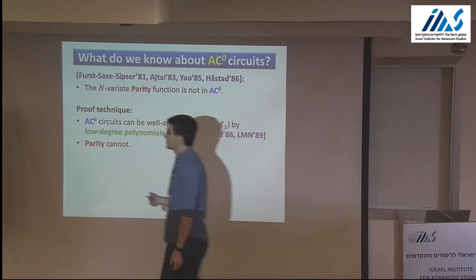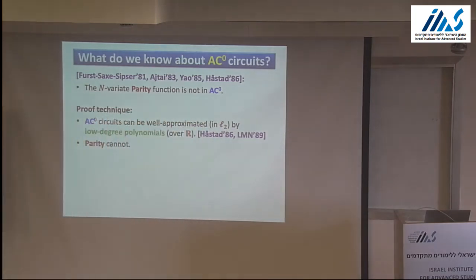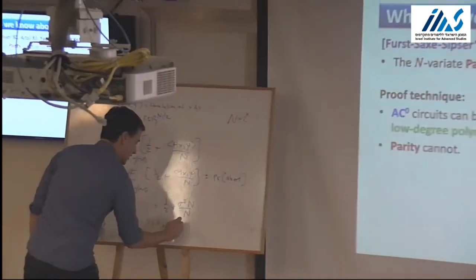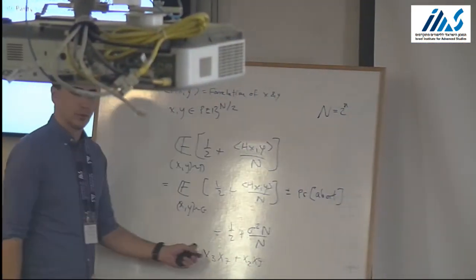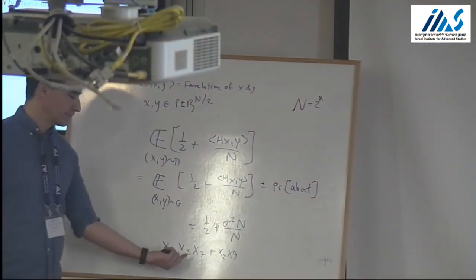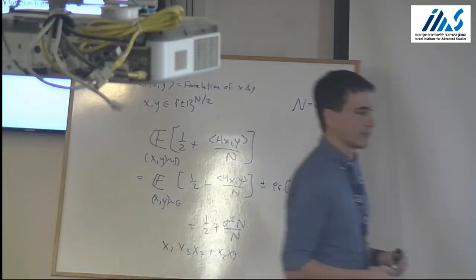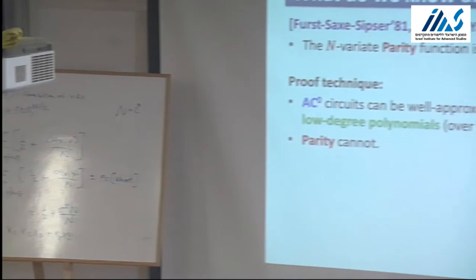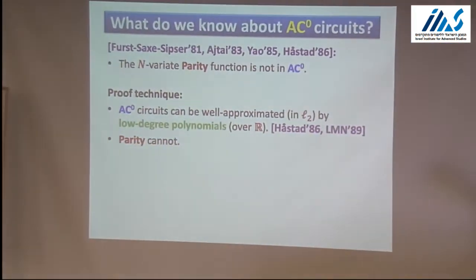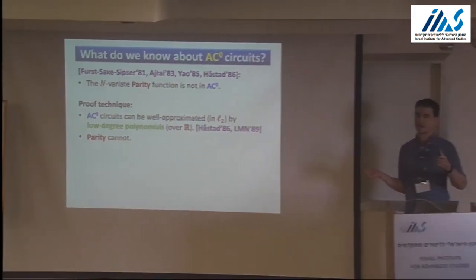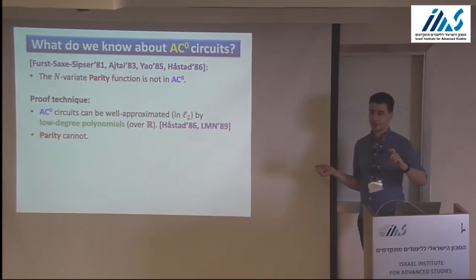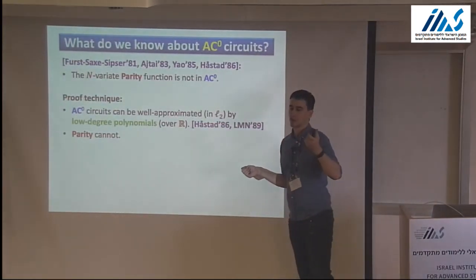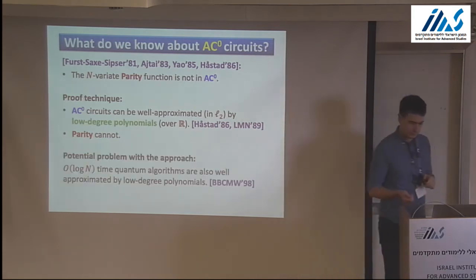So if the polynomial is like x1 x3 x7 plus x2 x9, then the degree would be 3, since the degree of this monomial is 3. Without loss of generality, I can think of multilinear polynomials because I'm working over the domain plus minus 1. So I don't need to take something raised to the power 2. This would be just 1.